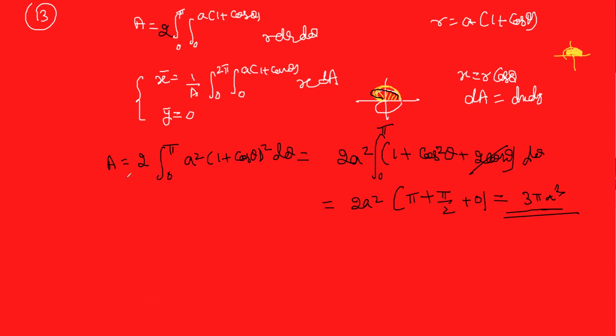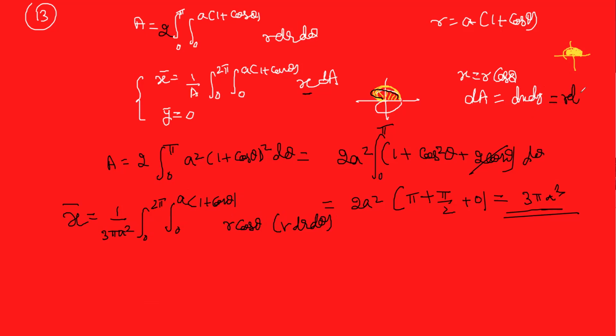X bar is 1 upon 3 pi a square, 0 to 2 pi, 0 to a(1 plus cos theta). And what is x? X is r cos theta. And what is dA? R dr d theta. For dx dy, no need to multiply anything.